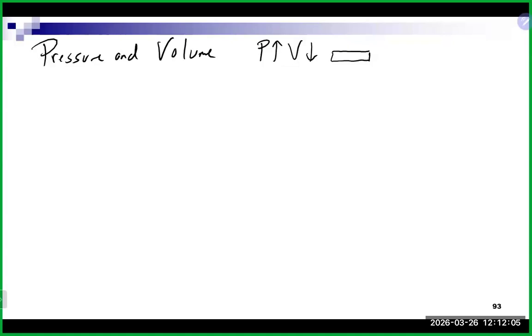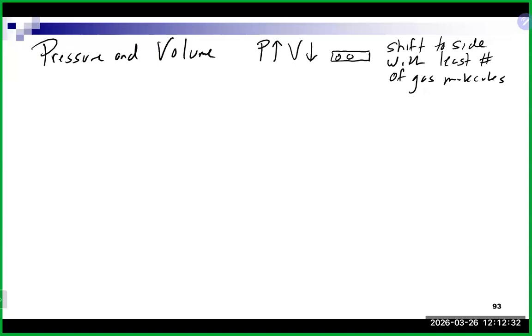So in this case, because the pressure is increasing, I want to bring it back down. In a small volume, you will shift to the side with the least number of gas molecules. Less gas molecules is going to bring the pressure back down from it jumping up high.